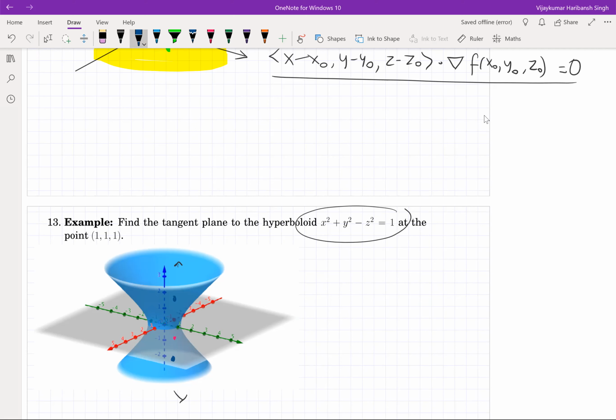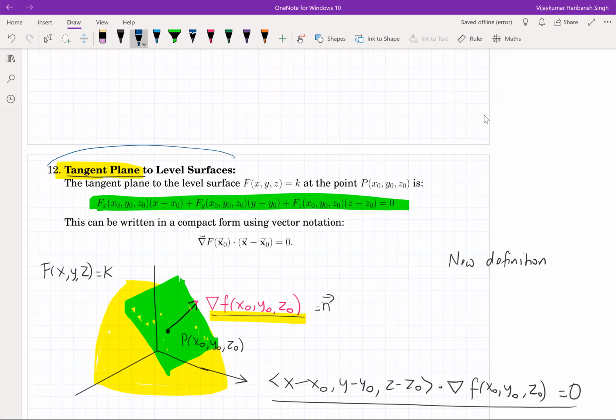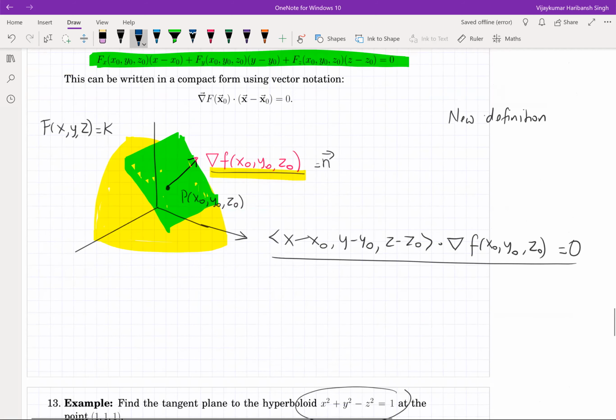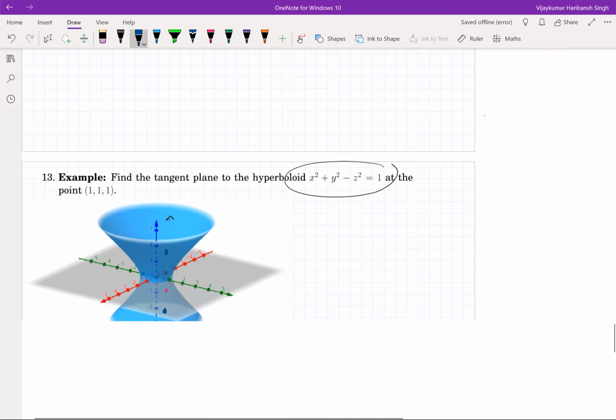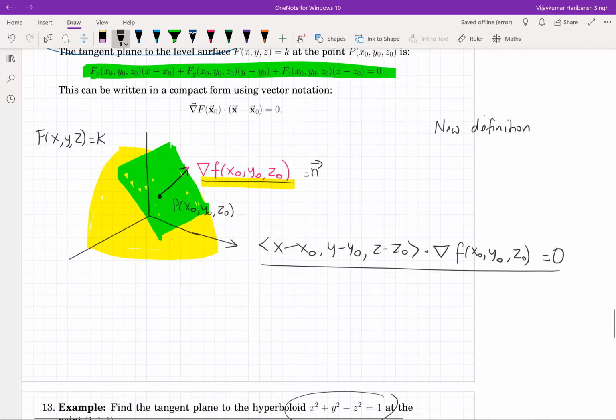But the question is, can we still find out the equation of the tangent plane? And the answer is yes. So in some sense, this new definition is a generalization from the previous one. So again, let's find this out and then we'll be done with the discussion. So we have f of x, y, z is going to be x squared plus y squared minus z squared equals to 1. Yeah.